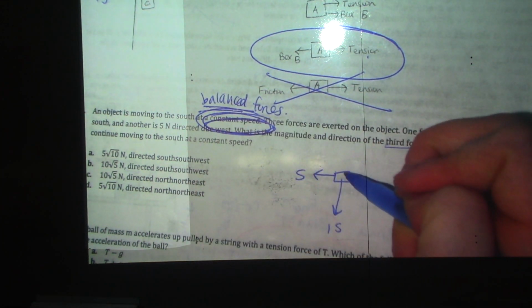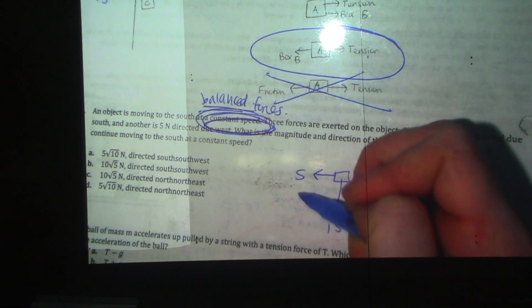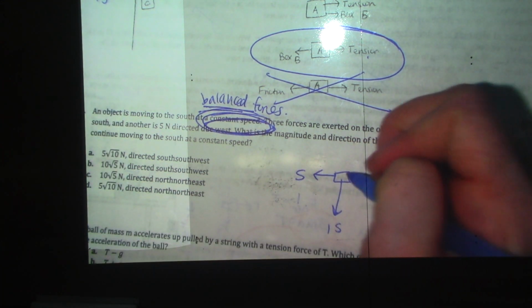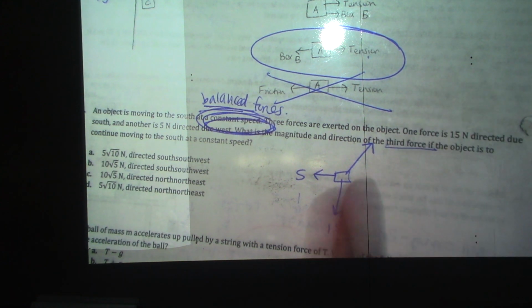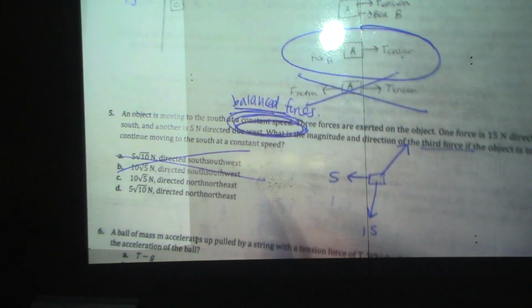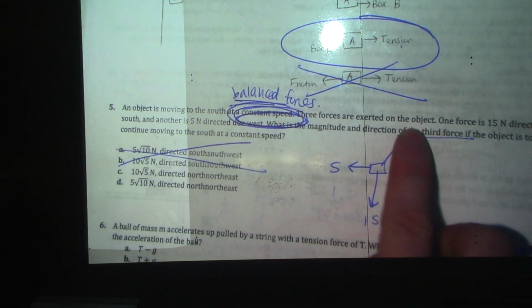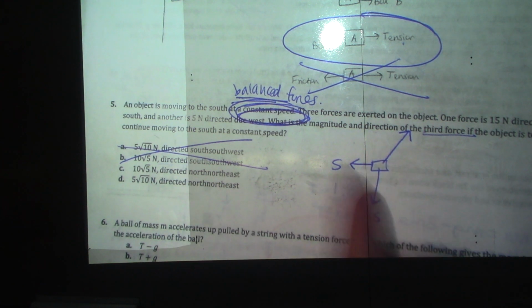So that means that if I had a force this way, right, it would not be balanced, it would definitely accelerate southwest. So I must have a force like this that will help balance out these 2 forces. So automatically we can cross off A and B because I know my third force has to be northeast to balance out the south and the west forces.